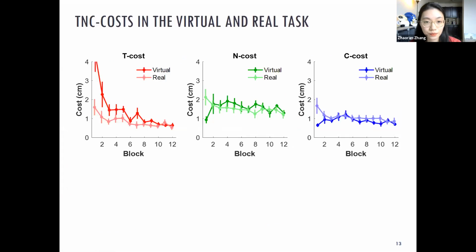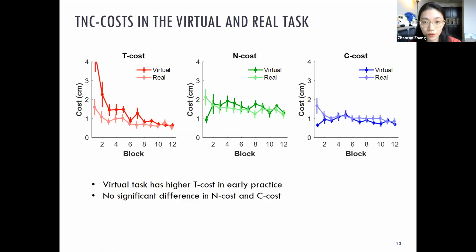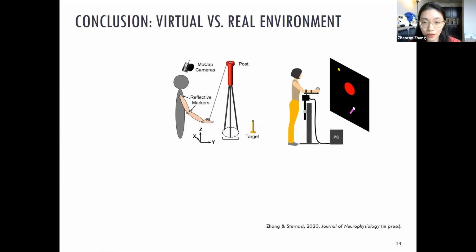Yes. So previously we've done a lot of work on this virtual 2D throwing task, and there are a lot of findings from the virtual throwing task. However, then we had the question, do these findings from the virtual environment transfer to the real? So we decided to replicate exactly the same thing in the real.